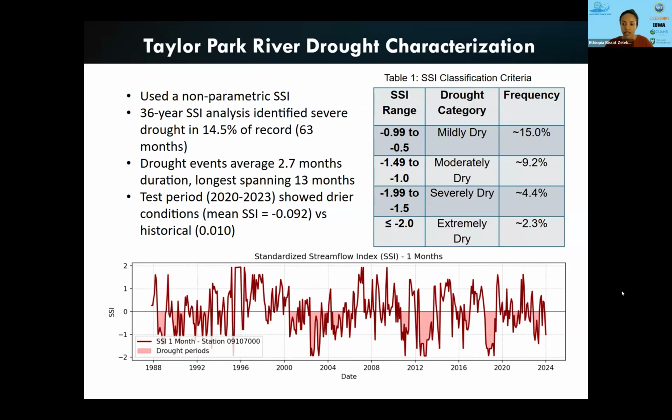On average, drought duration is about 2.7 months, and the longest spanned about 13 months during 2012 and 2013. The test period between 2020 and 2023 showed drier than normal conditions, where SSI values were typically below zero, which was a good use case to demonstrate how reservoir managers could implement this using test data.